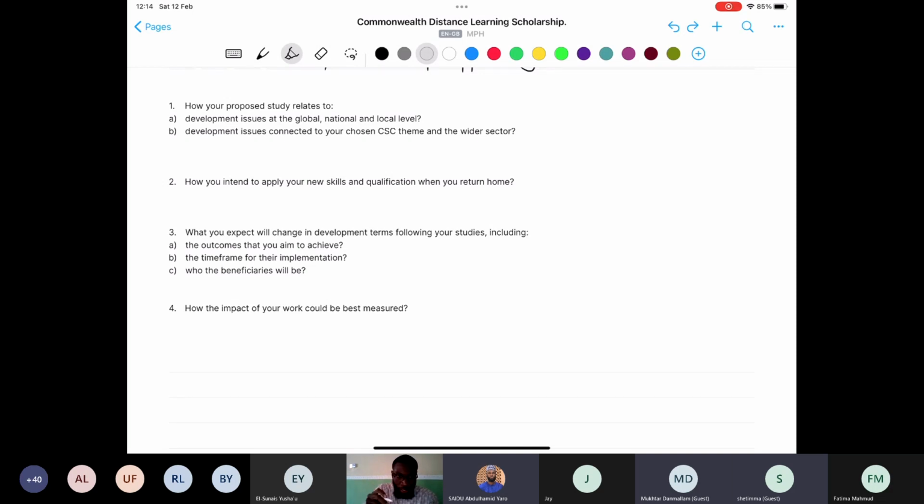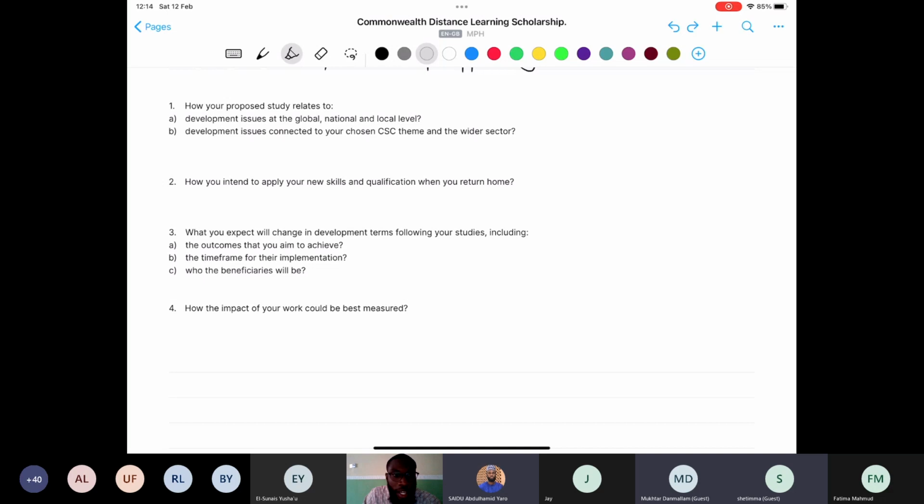You can see the question talks about global, national, and local level, so you should expect that you should talk in 3 concepts. And you have to talk about development issues connected to your chosen CSC theme and the wider sector. So this is the first question. The first essay, I think, is about 300 or 250 words.